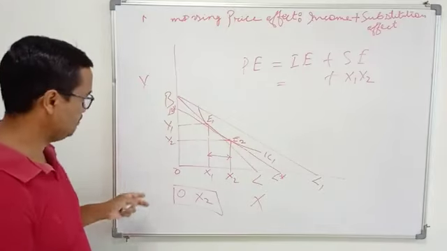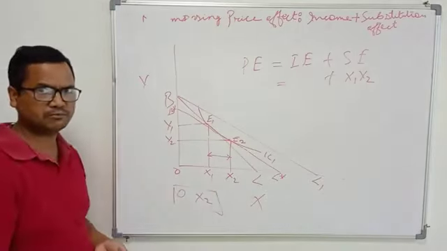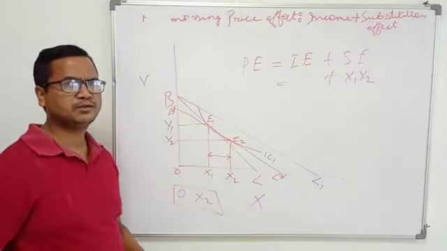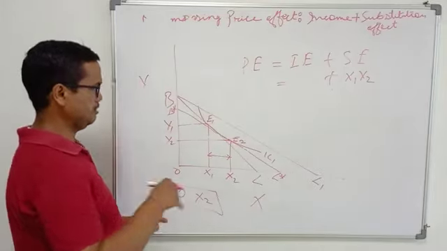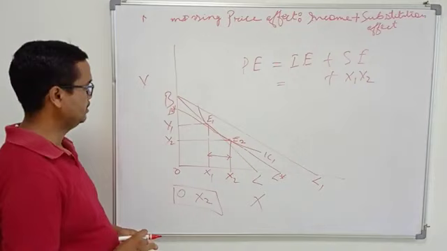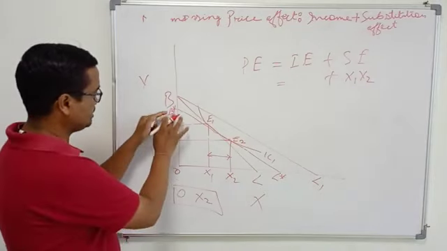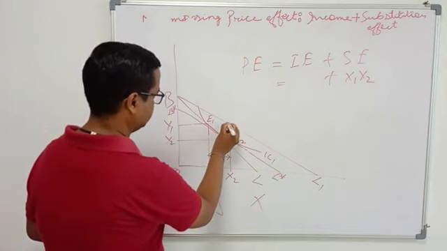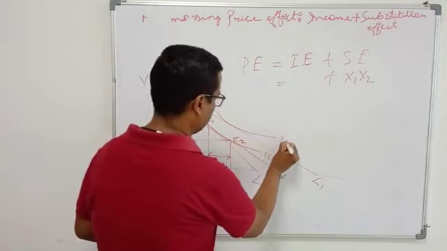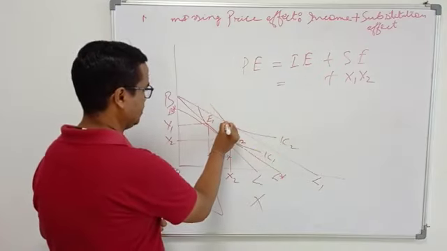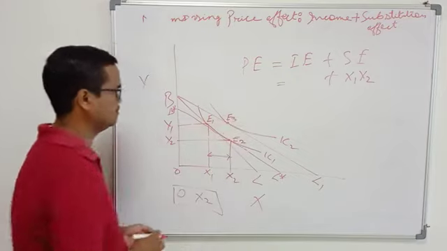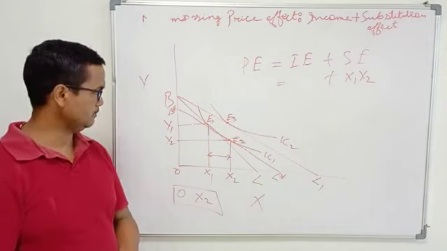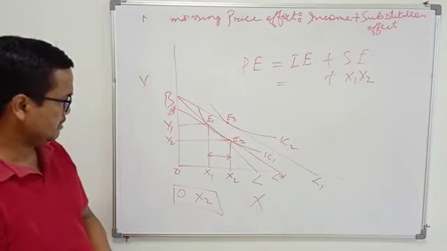Now the consumer is consuming OX2 amount of good X. If we return the money taken away from the consumer, the budget line will shift from B star L star to BL1, and the consumer will be at equilibrium somewhere here, on a higher indifference curve, represented by point E3.